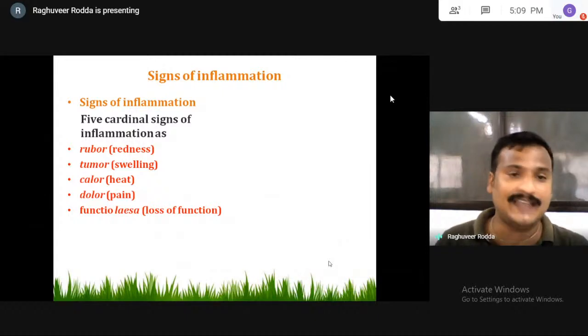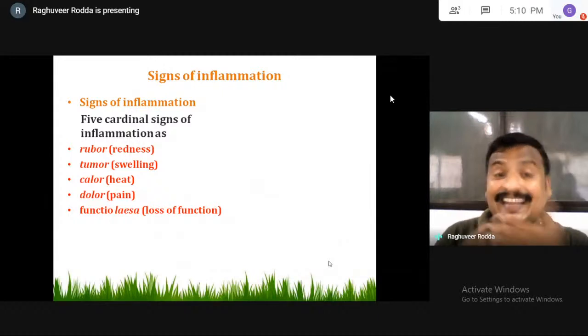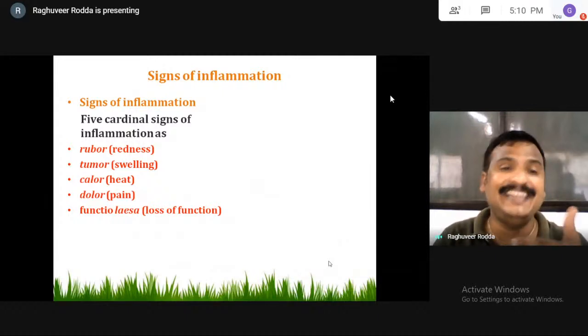One is rubor, the redness at the affected area, and tumor, the swelling at the affected area, and calor, the generation of heat.